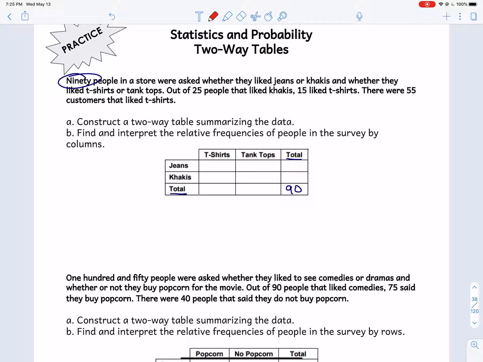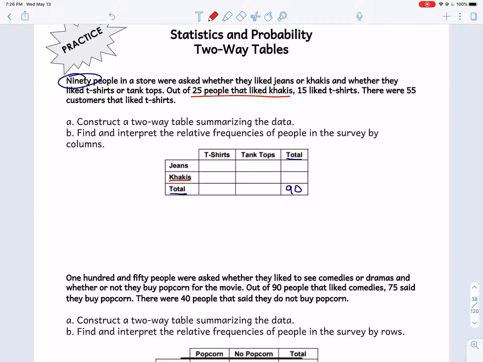All right, the next sentence says, out of 25 people that liked khakis, 15 liked t-shirts. So out of 25 people that liked khakis, that was listed first, and that is our row, because that's where we find khakis. So 25 people liked khakis.